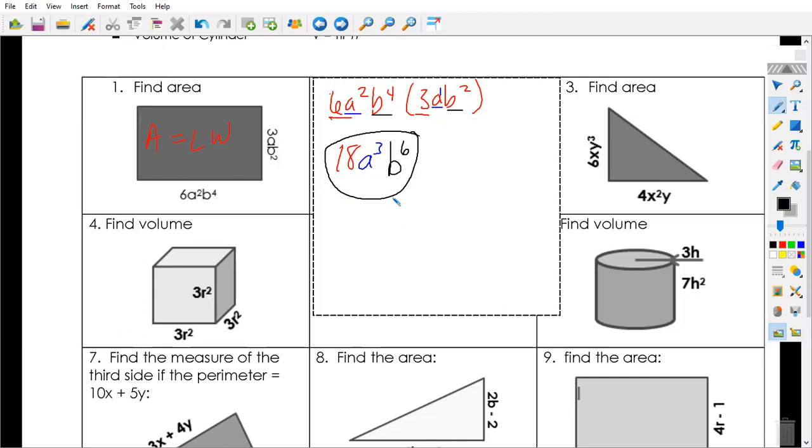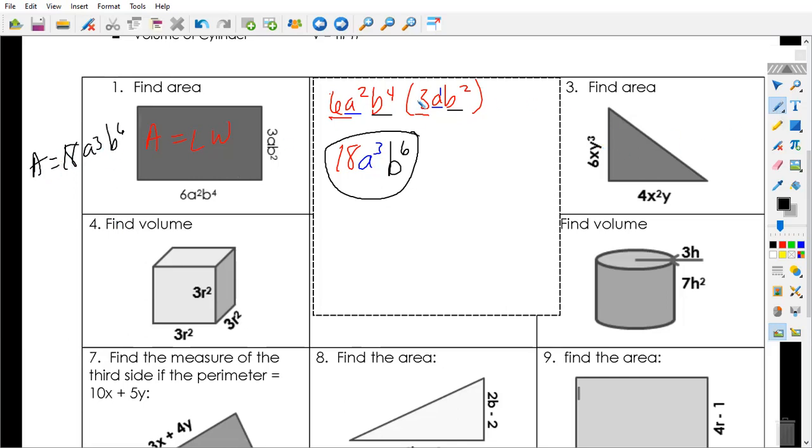So we're just taking things, plugging them into the formula, and then multiplying. Can we do that? See, y'all are all worried about geometry and polynomials. Was it that bad? So we have 18a cubed b to the 6 is our area.